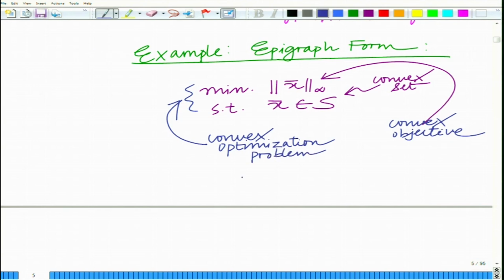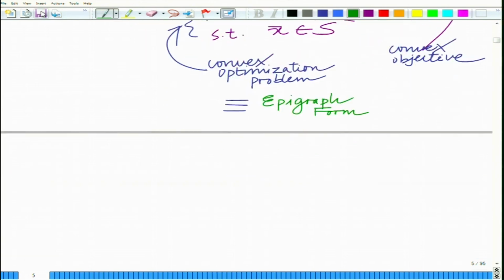Now, this is in fact a convex optimization problem, and what we want to formulate is the equivalent epigraph form. That can be derived as follows.